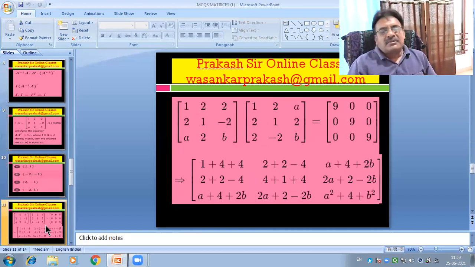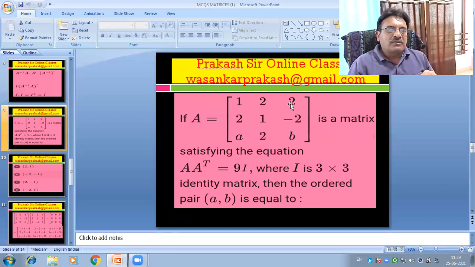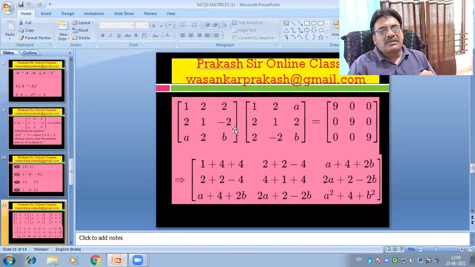Therefore, first we write the given matrix equation, that is A into transpose of A equals 9I. So first we write the A matrix, which is given here: 1 2 2, 2 1 minus 2, a 2 b. This is the A matrix into the transpose of A matrix.